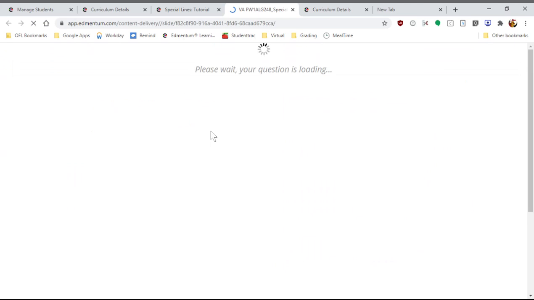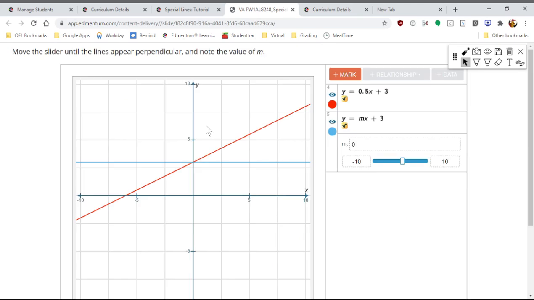So we're going to use a graphing tool. So this graphing tool, we want to find these lines to be perpendicular. All right, so right now the slope is 0. And if I go down here, that's not helping. Let me go over this way.